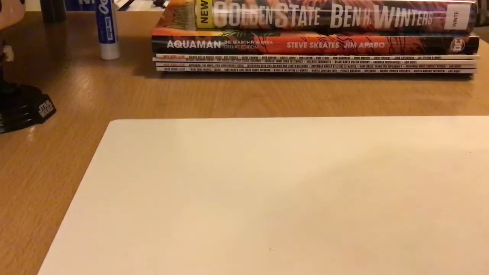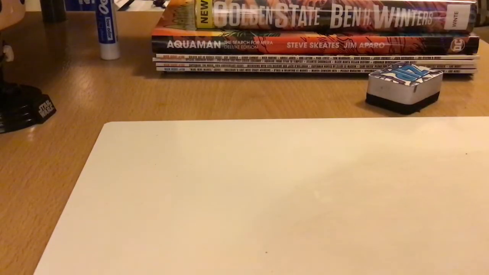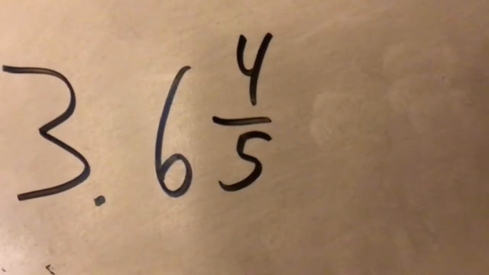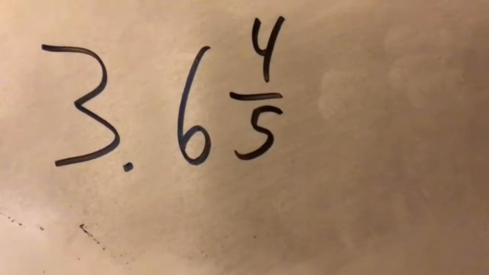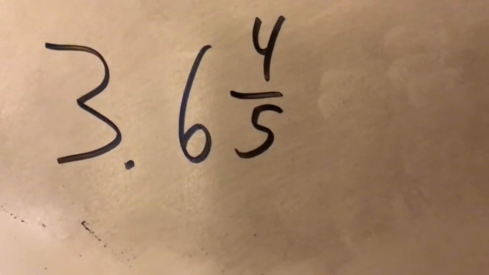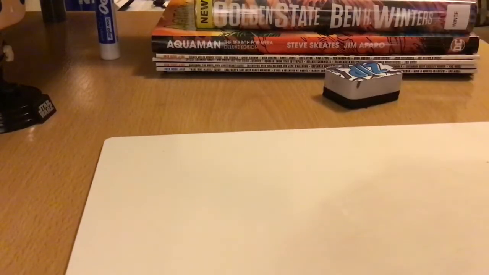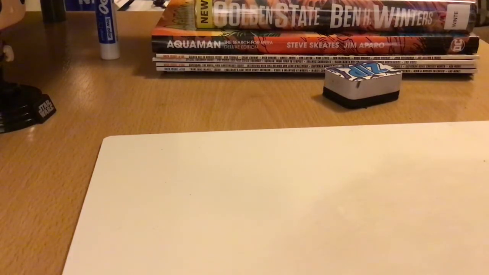Okay? Number 3 is going to be 6 and 4/5. There you go, 6 and 4/5 for number 3. Number 4 is 5 and 4/9.